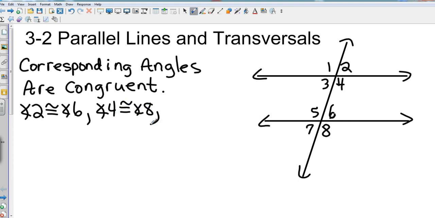And now we go on the other side of the transversal, which means angle 1 is congruent to angle 5, and finally angle 3 is congruent to angle 7. Now we'll get an example here in just a minute and I'll show you how this works. But corresponding angles are congruent. And so go ahead and hit pause and get that one, and I want to move on to the next one.